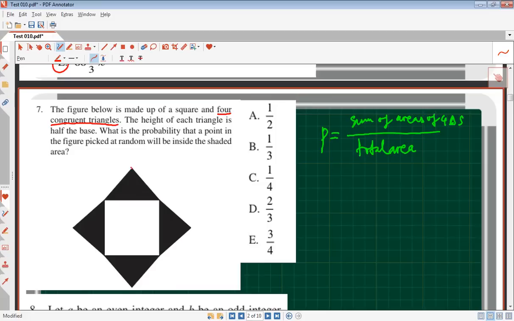We consider this triangle. From the question we know that the height is half the base.